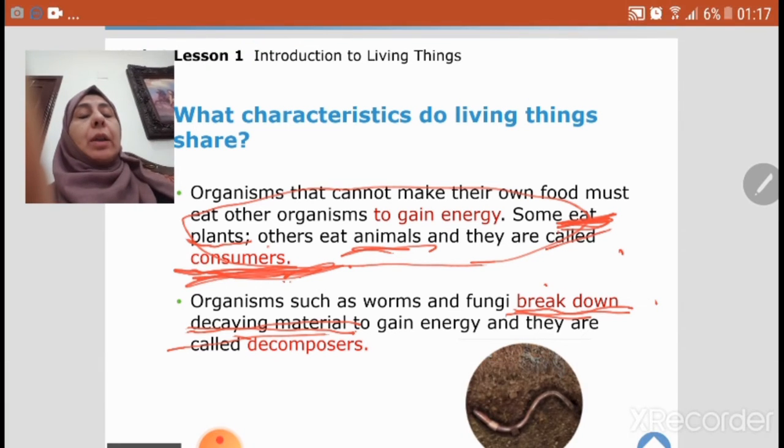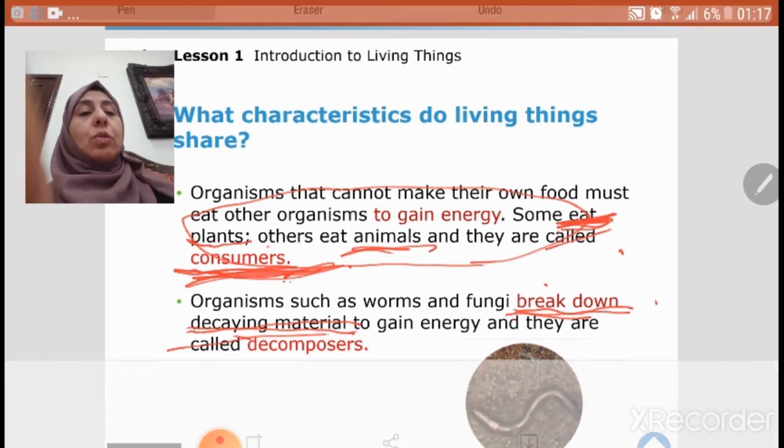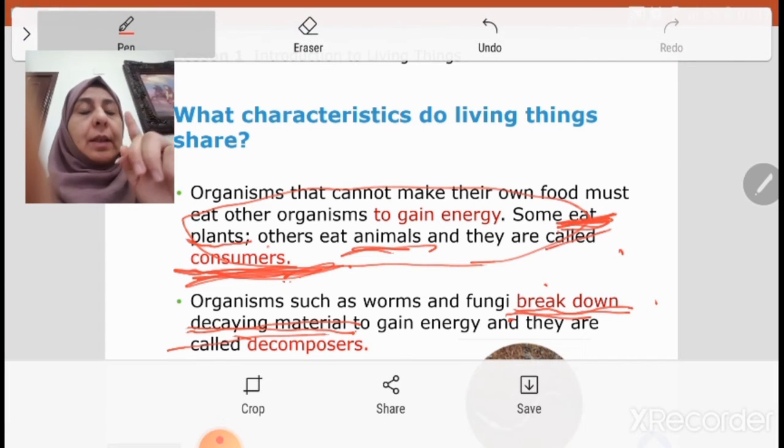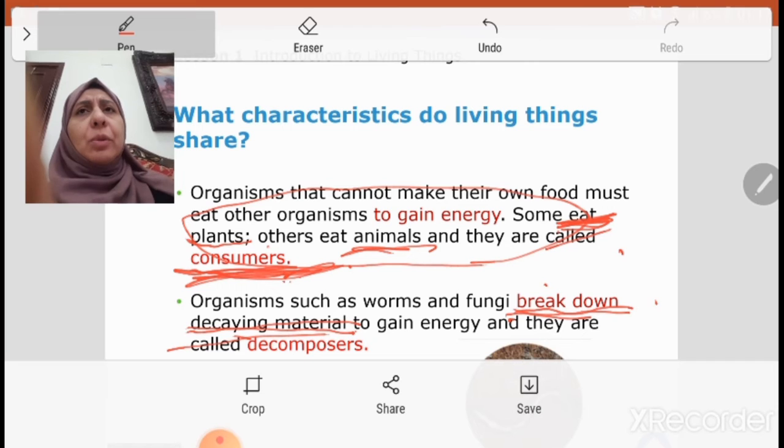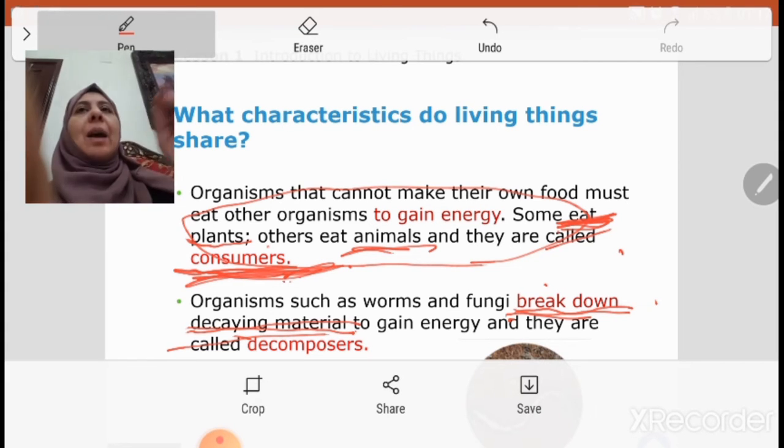Okay. So what they do, they don't eat these dead materials. Actually, they break them down by some chemical processes. They produce some chemical juices. These chemical juices react with these materials and break them down.